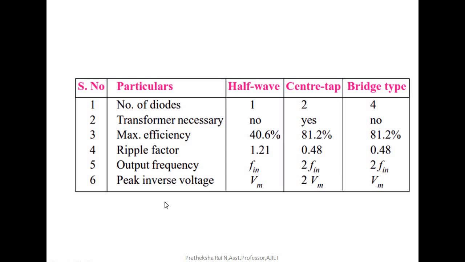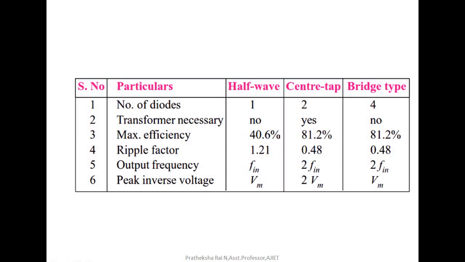The output frequency for half wave rectifier is the same as the input frequency, whereas center tap and bridge type have 2 times the input frequency. Peak inverse voltage for half wave rectifier is Vm, whereas center tap it is 2 times the maximum voltage, and in case of bridge type it is again Vm.